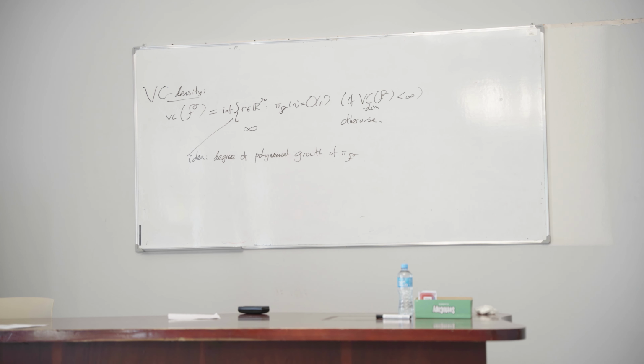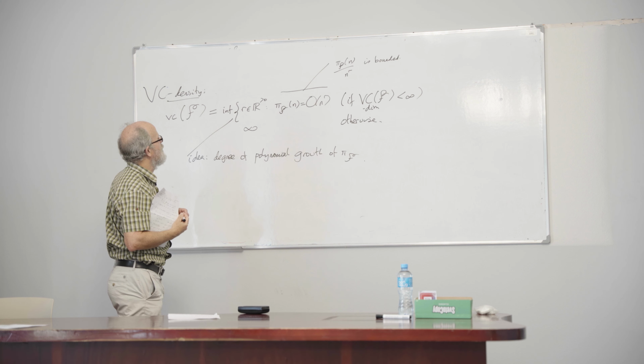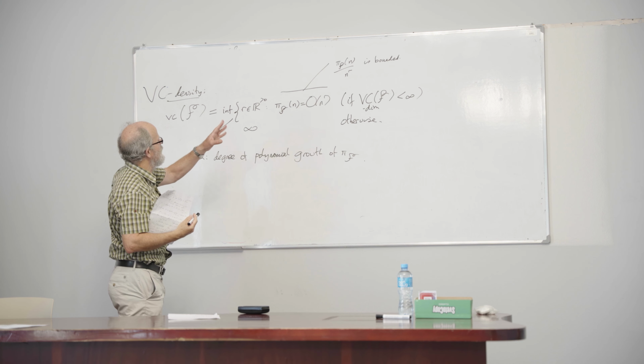Another way of saying this is that pi f of n over n to the r is bounded. Do I mean that, or do I mean the other way around?